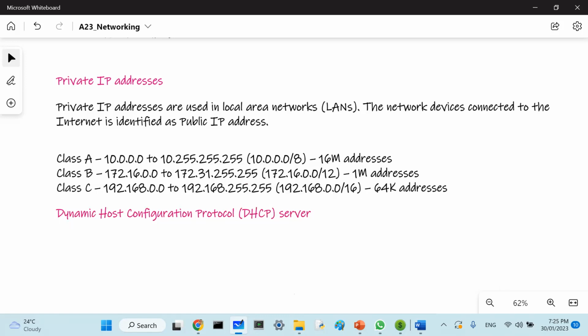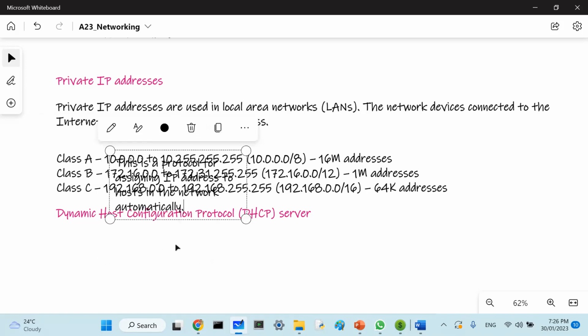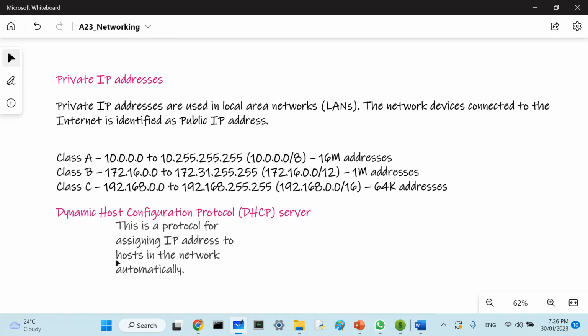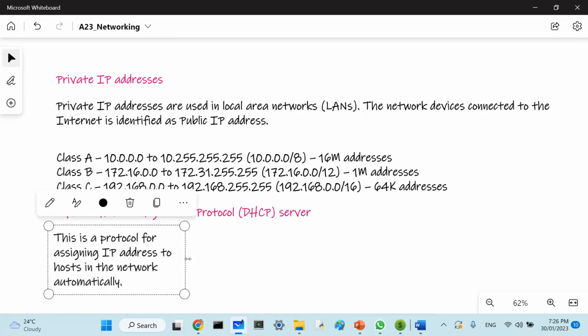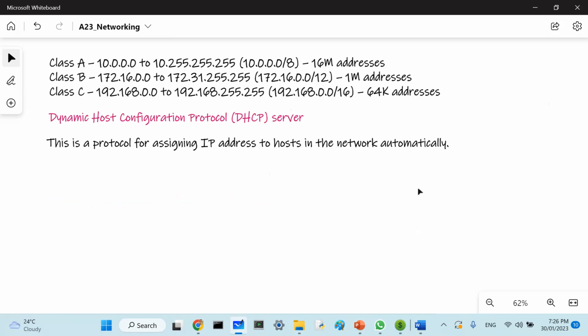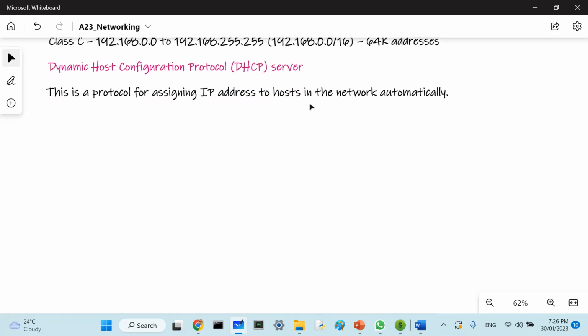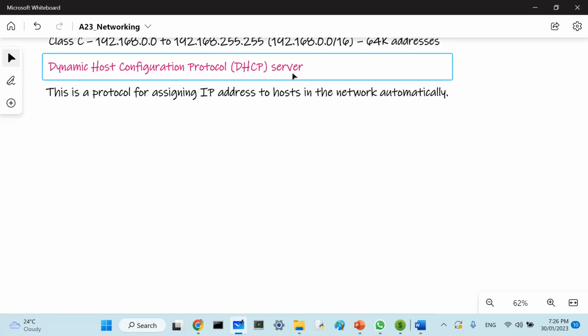Simply, it assigns IP addresses automatically. Let's say you have 4 computers, it automatically assigns. In my machine also, this is how we get the IP addresses. So we get unique IP addresses for all the computers in our network. The computer responsible for doing this is called the DHCP server.